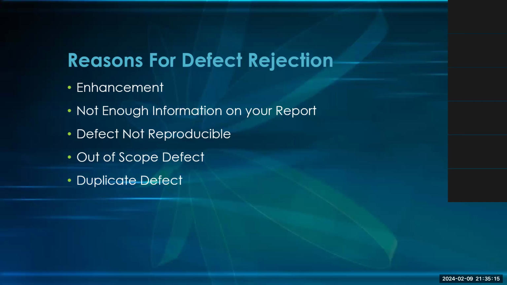I've talked about out of scope. And then for duplicate defects, these are defects that, as a tester, this is when we say you have to have an eye for details.